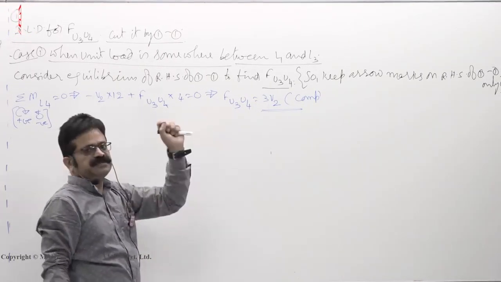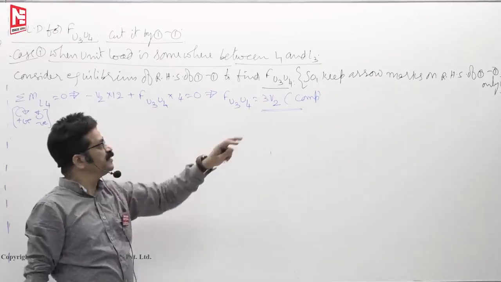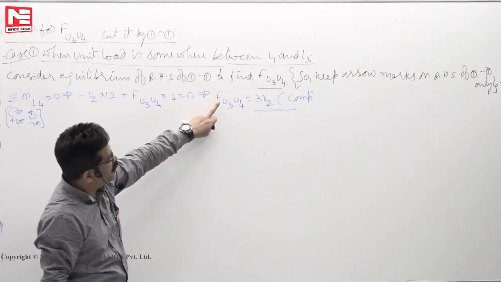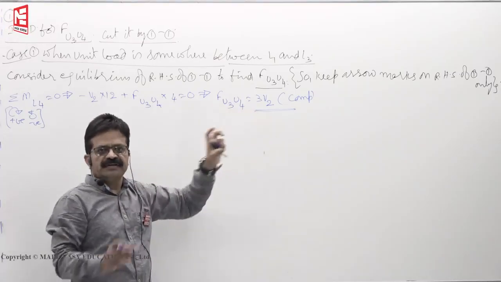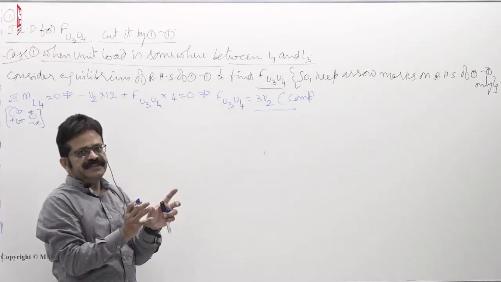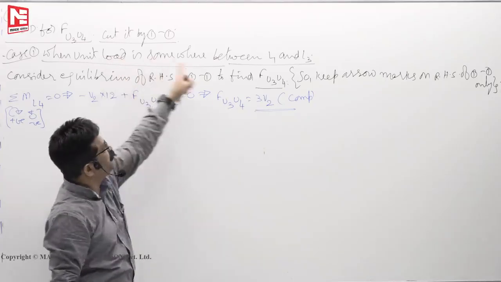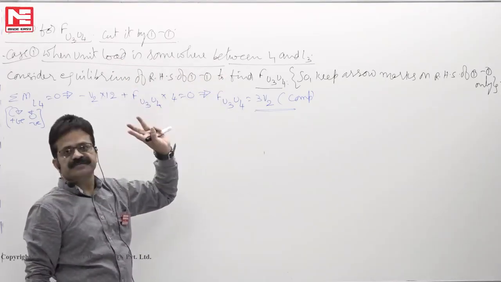But we don't want a specific location, we want ILD. So if I want to draw ILD for FU3 U4, draw ILD for 3V2. That ILD for 3V2 is valid when the load is between L1 and L3 only.